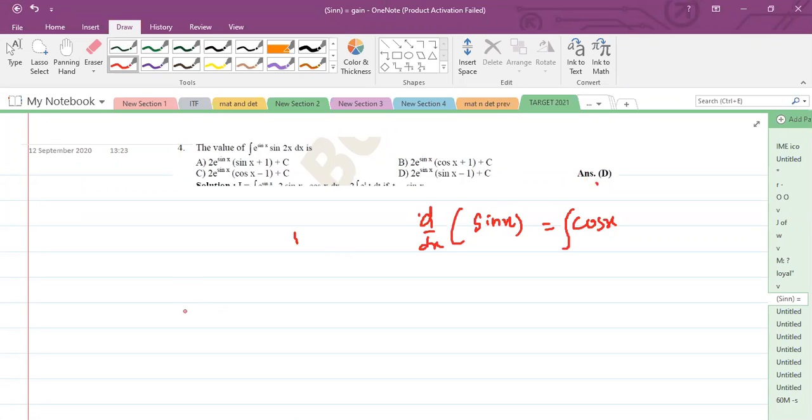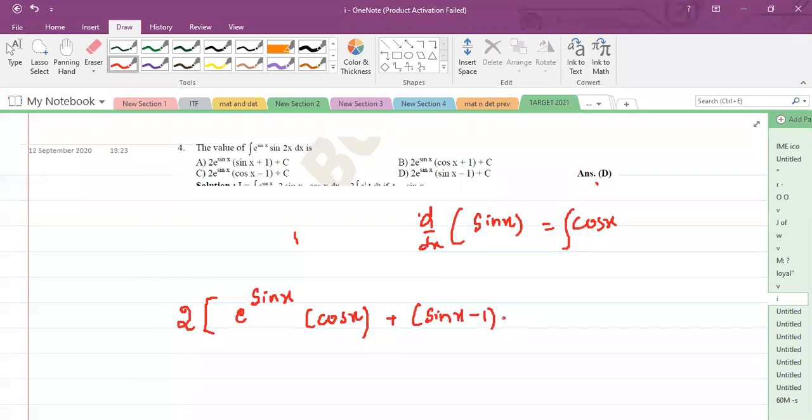If you differentiate option D, then take the first function e raised to sin x as it is, into the derivative of the second function, sin x minus 1, which is cos x, plus the second function sin x minus 1 into the derivative of e raised to sin x, which is e raised to sin x into cos x.